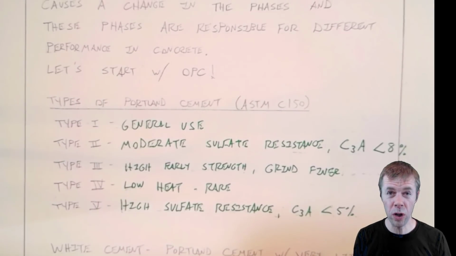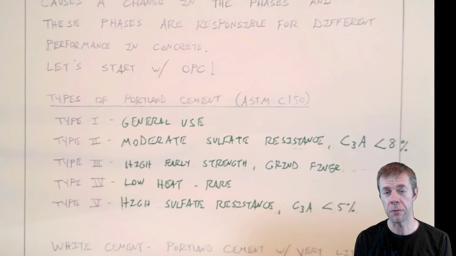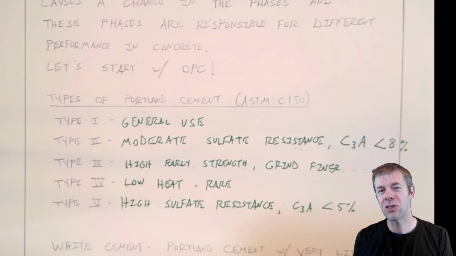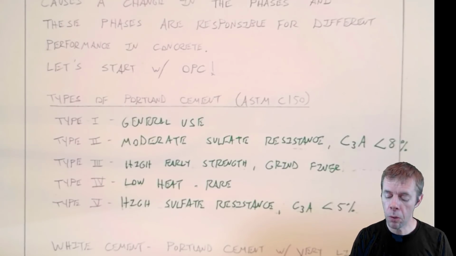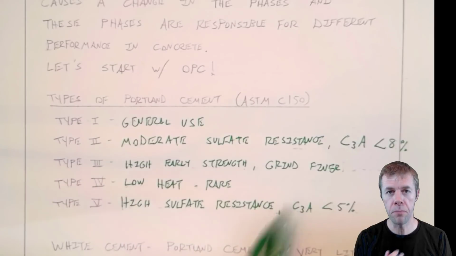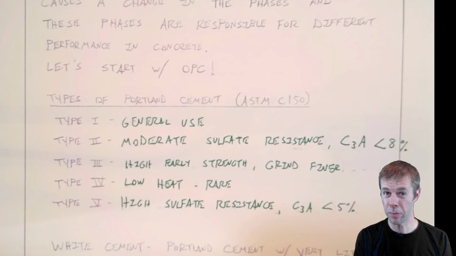So this is where you really are concerned about sulfate attack for your concrete. Sometimes, if things aren't super bad, you can get away with a type 2 and maybe a type 2 with some other additives. But if things get really bad, the only way to go is a type 5. Just really limit that C3A content as much as you possibly can.